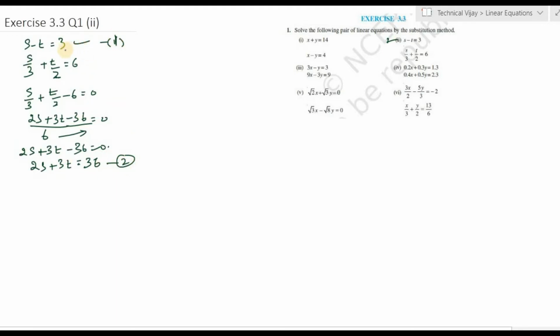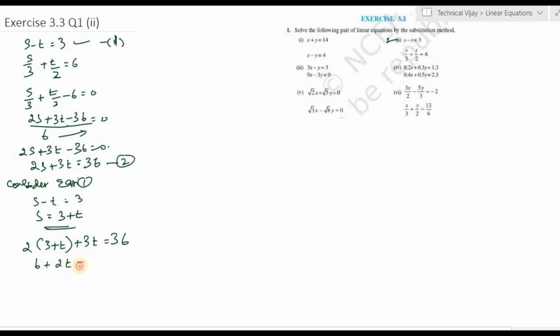Now we will consider equation 1, that is s minus t equal to 3. So s is equal to 3 plus t. This value we will substitute in the second equation. So 2 into (3 plus t) plus 3t is equal to 36. 2 into 3 is 6, plus 2t plus 3t is equal to 36.